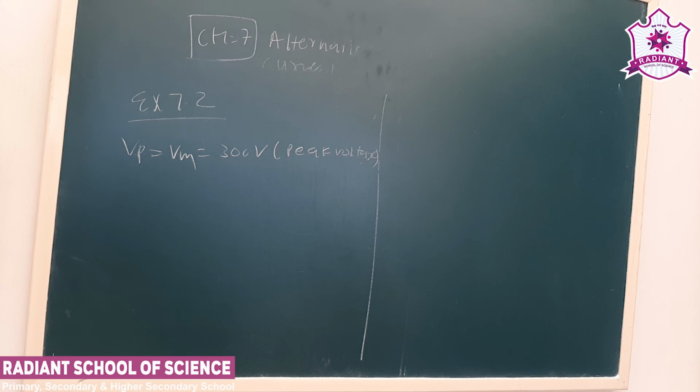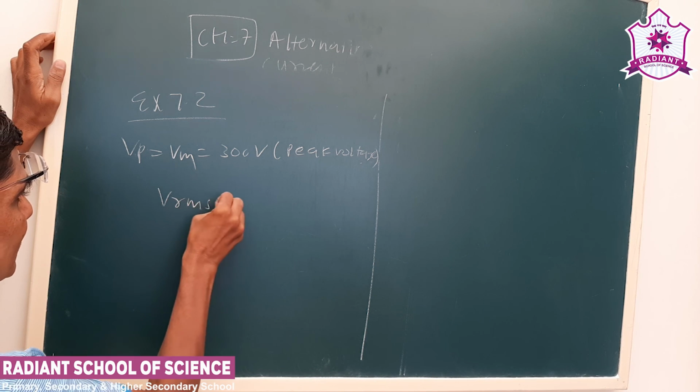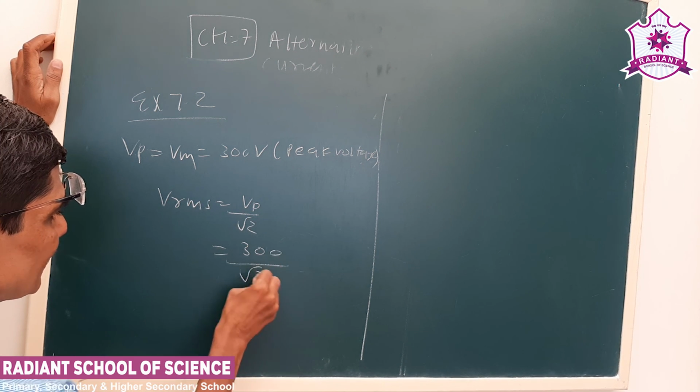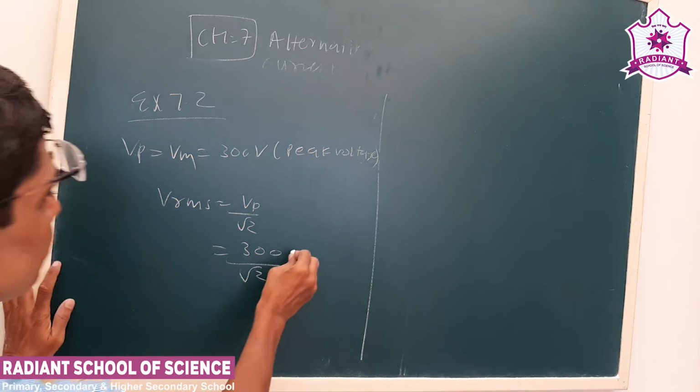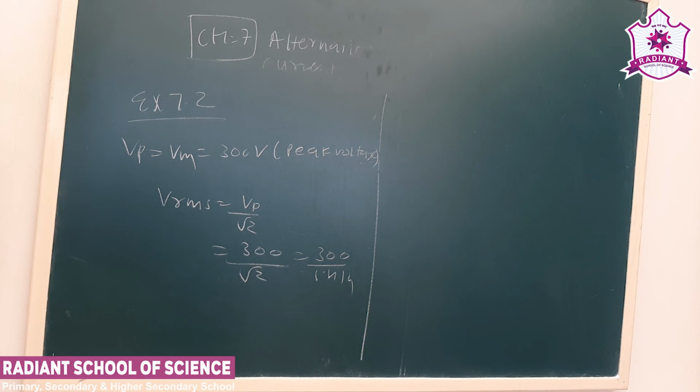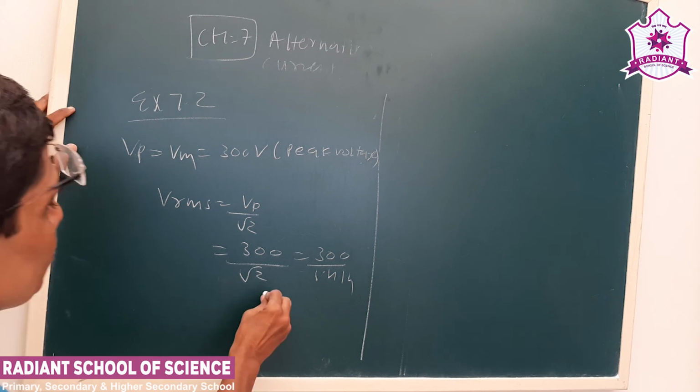What will be the RMS value? Now see the relation we know: VRMS is Vp upon root 2. Root 2 is 1.414. Now this you can calculate as 212.2.